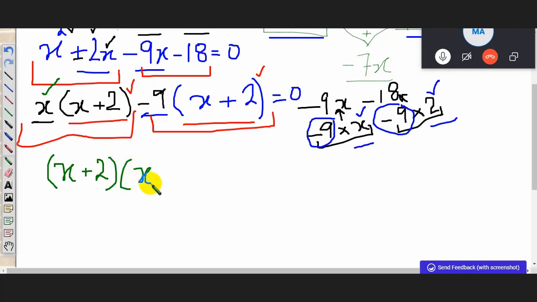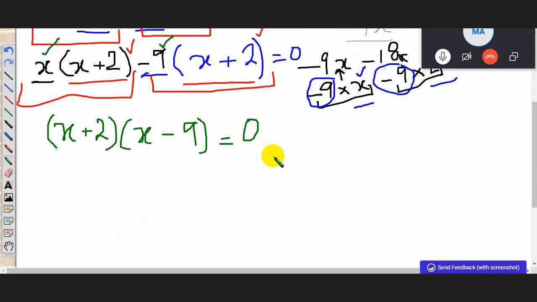And in the second term, what's left? Minus 9 equals 0. So up to this place, about 80 or 90% of our question is solved. If there is anything difficult or any problem up to this place, just ask me, then I'll move on.